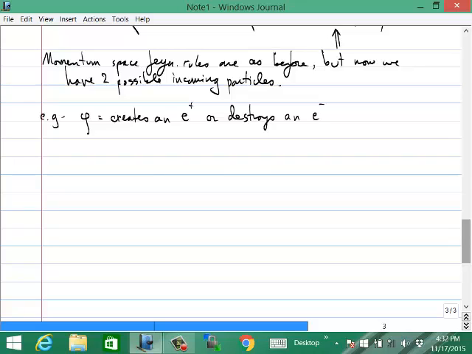Then say you wanted to compute the scattering of an electron off of an electron in this theory, where the electron is the phi field and we have some other field chi that interacts with it. What sort of diagrams would contribute to this?